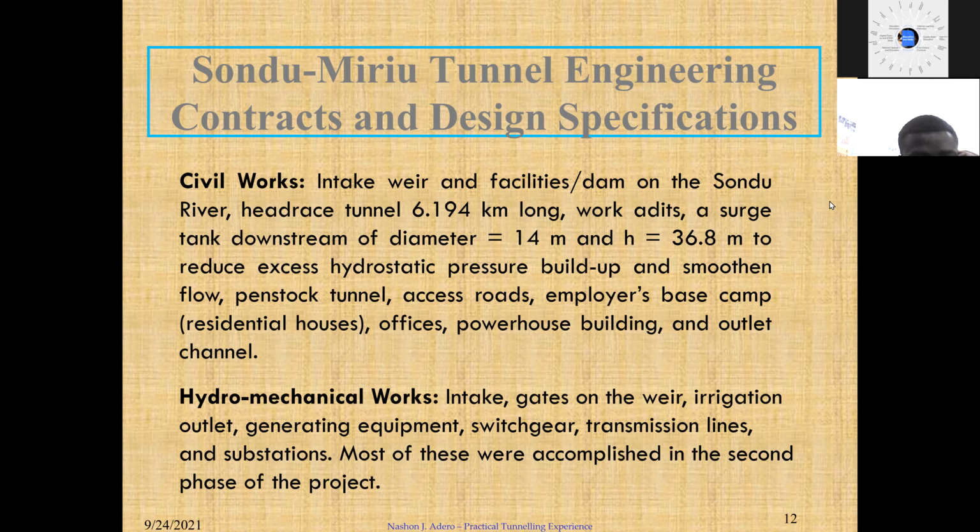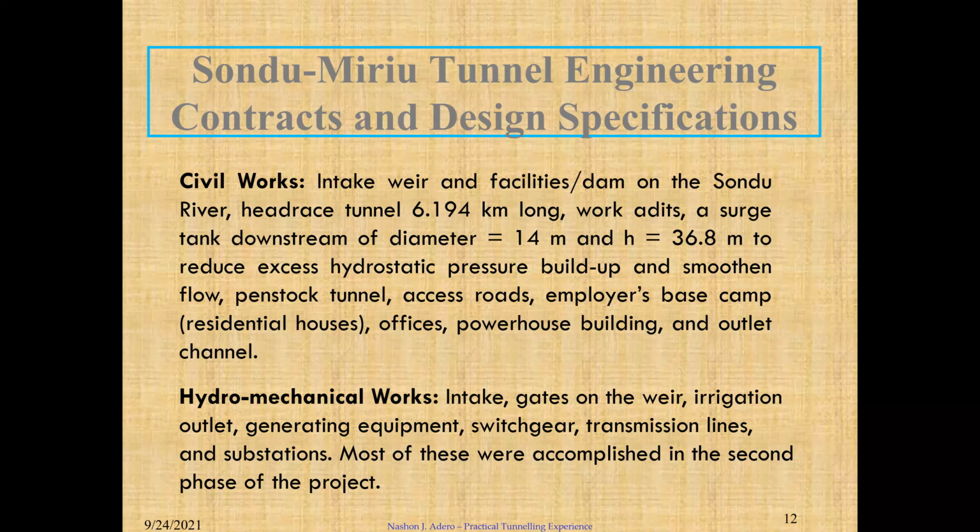Again, engineering surveys for construction of the houses, the offices, powerhouse building, and outlet channel. So once the water has been used for power generation, there must be an outlet channel. That outlet channel has to be surveyed so that it can attain the correct horizontal alignment and the correct slope for draining the water downstream.